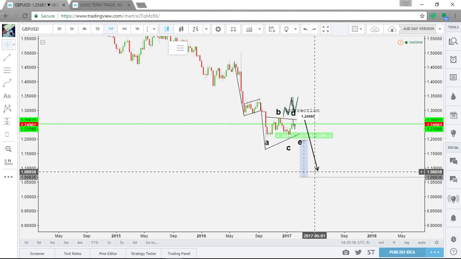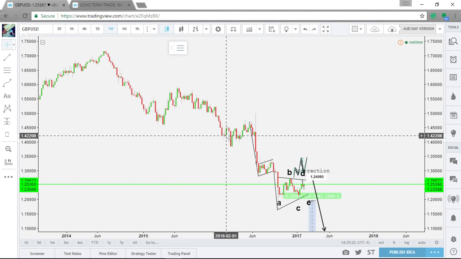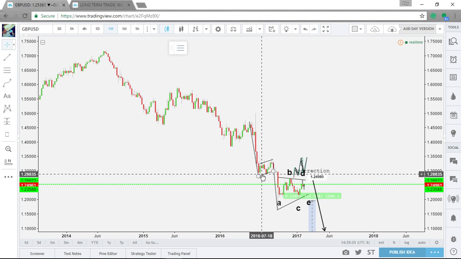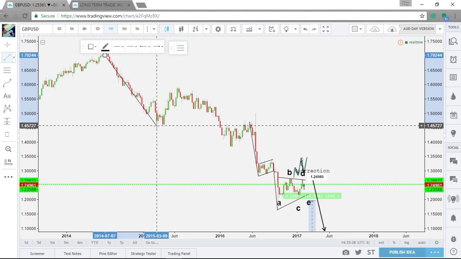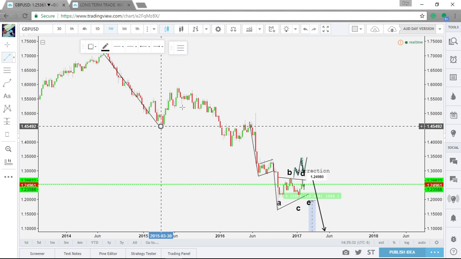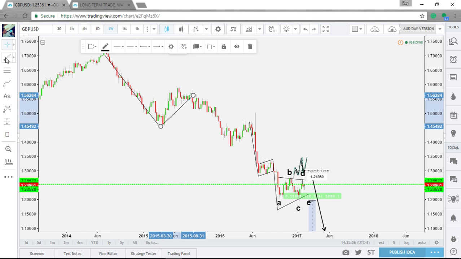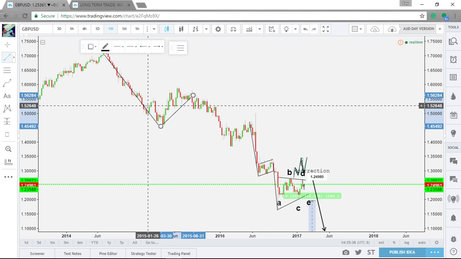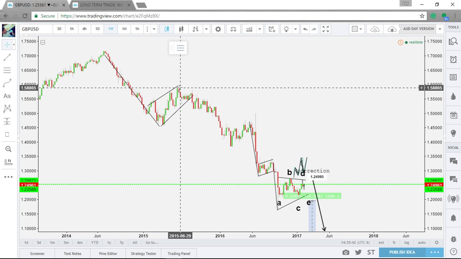Correction, impulse. You see that? Impulse, correction, impulse. And we can do this all day. Look at this. You can't disprove that this theory does not work. We didn't have to use any indicators. Look at that.